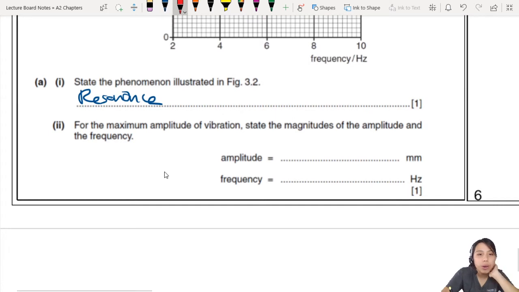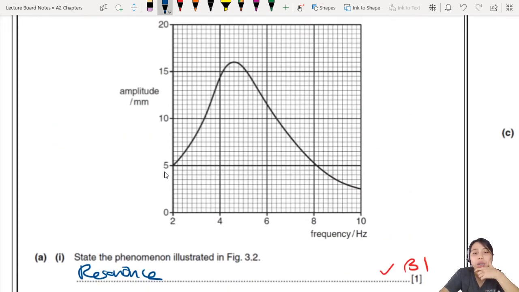Next one. For the maximum amplitude of vibration, state the magnitude of the amplitude and the frequency. So you're looking at maximum amplitude of vibration. So you look here. Where is maximum? Here, this peak here. And where does that occur? This will be 16, I think. And what is the frequency? Somewhere here.